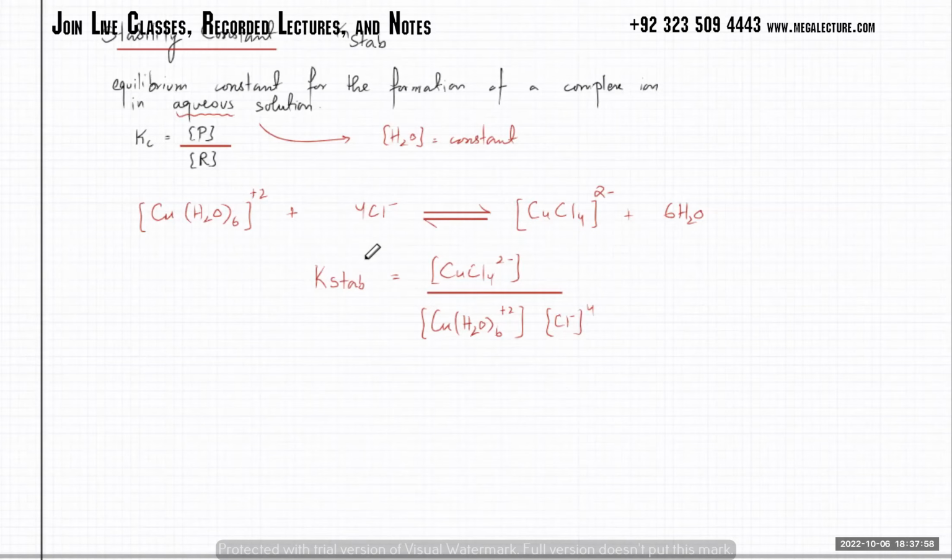Now when you have a large value of equilibrium constant, if it's a big value, what that means is that there's going to be more products. That means there's a very good chance of the complex forming.